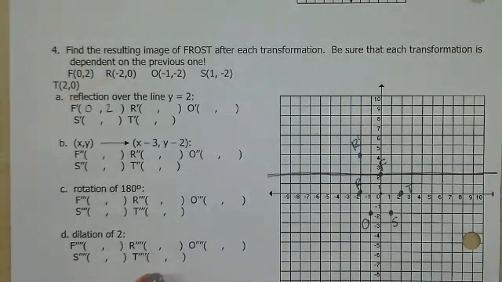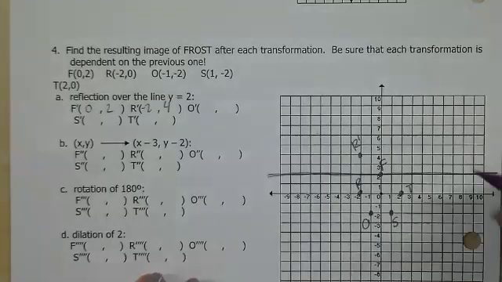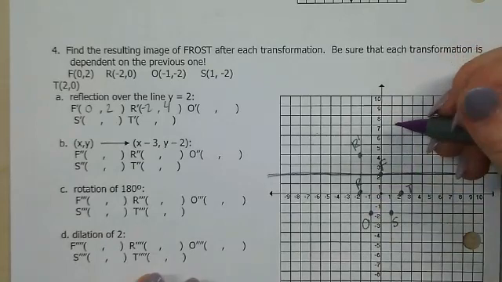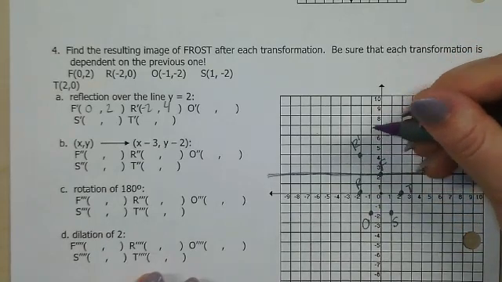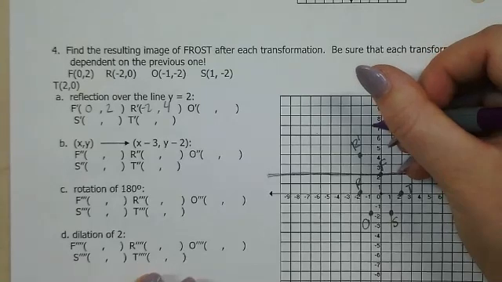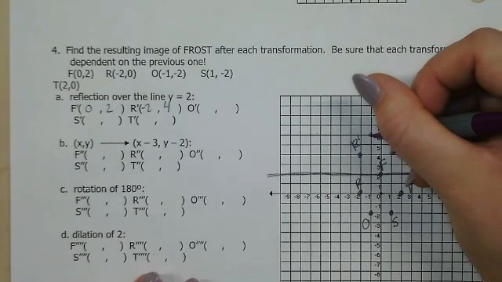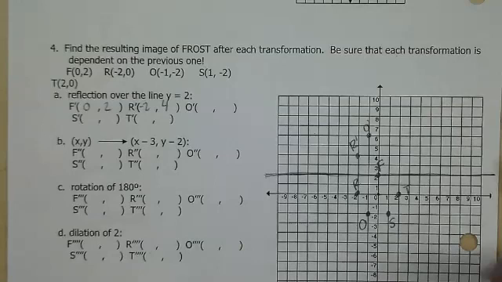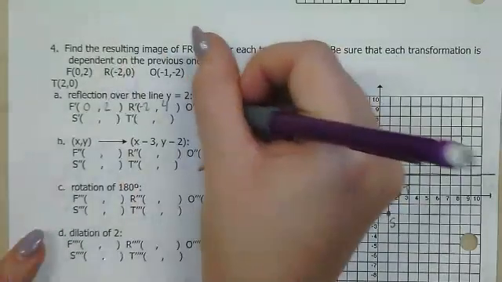-2 what? 4. Okay, and then O. O is how many units below? 4. So now it should be 4 units above, which would put us at -1 what? 6. Okay. So -1 6.